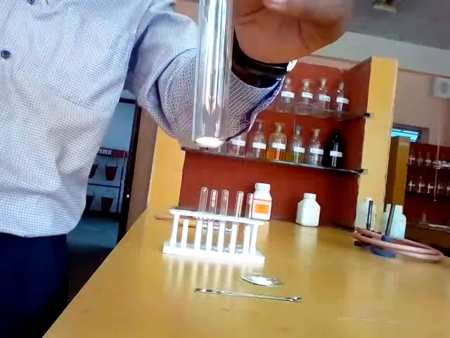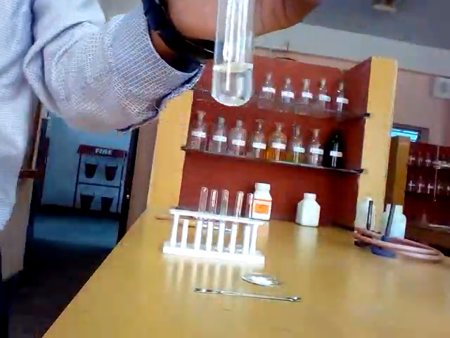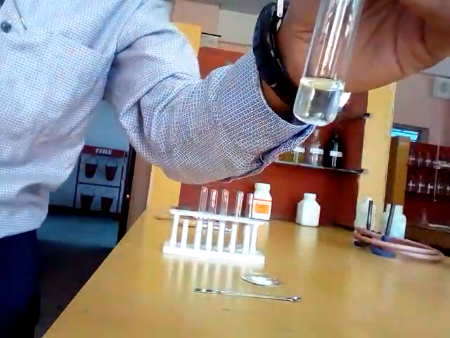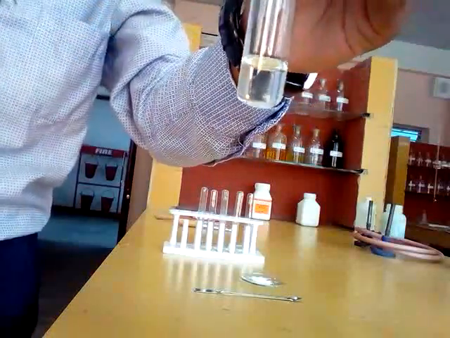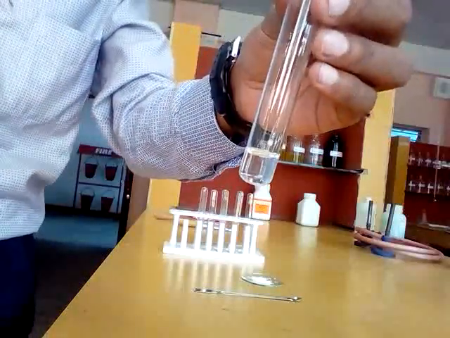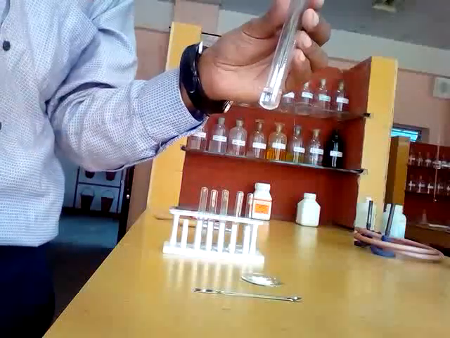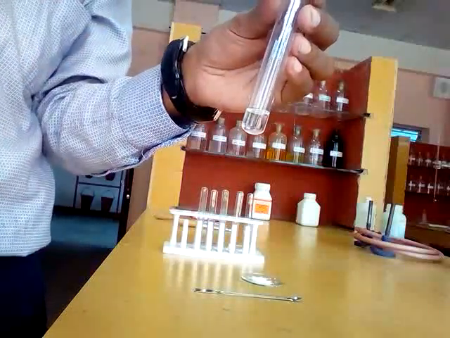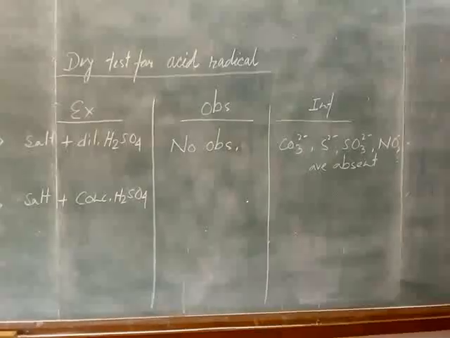So here you observe very carefully. This much is sufficient. Always use a small amount of reagent. No effervescence, no brown fumes, no pungent smell of rotten egg, no suffocating gas, means all four radicals are absent.